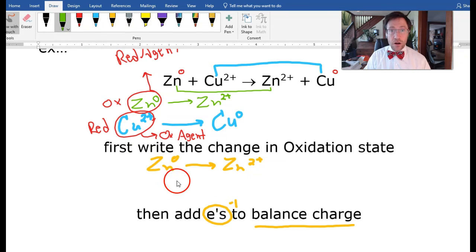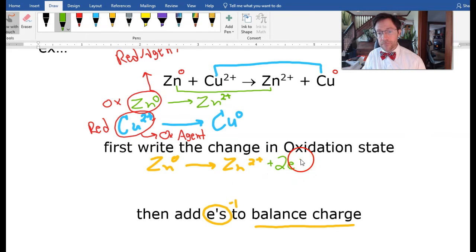So if this side was wrong, let's try the other side. I'm going to add 2 electrons to this side, and now let's double check the charge. Over here, I have a charge of 0. On the product side, I've got 1 zinc with a 2+, so I have 2+ in all. I have 2 electrons, each with a charge of -1, which gives me a total of -2. So I have +2, I have -2.